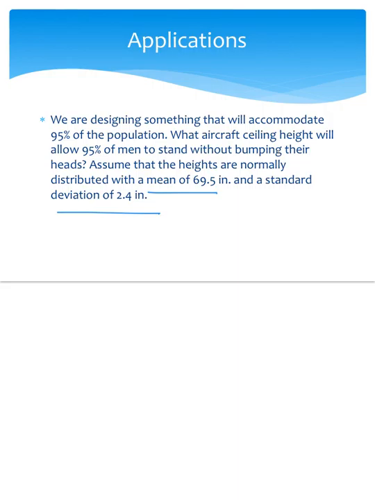This is one of those backward problems where you need to use the inverse norm function of your calculator. So remember, you're going to go to second and then vars, and then you're going to go down to number 3, which is inverse norm. You need to enter 3 pieces of data.